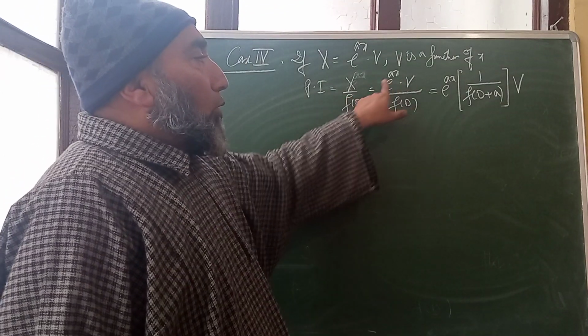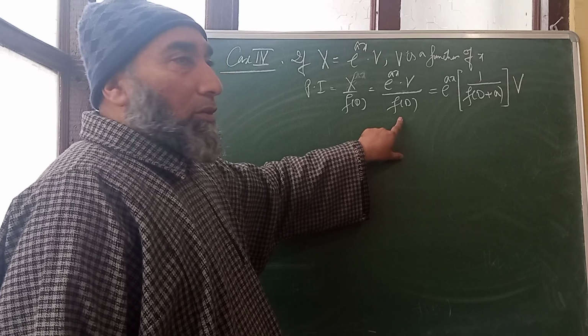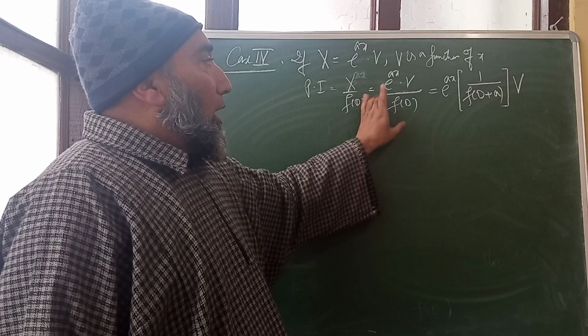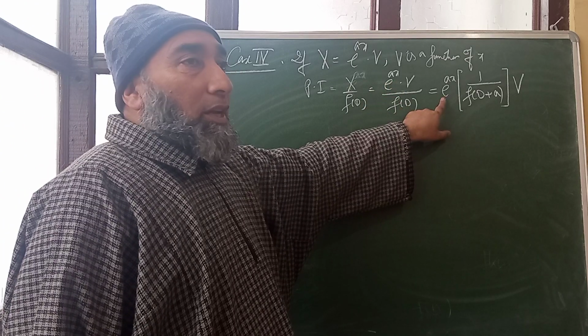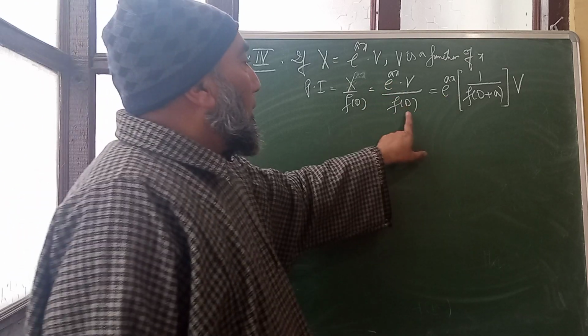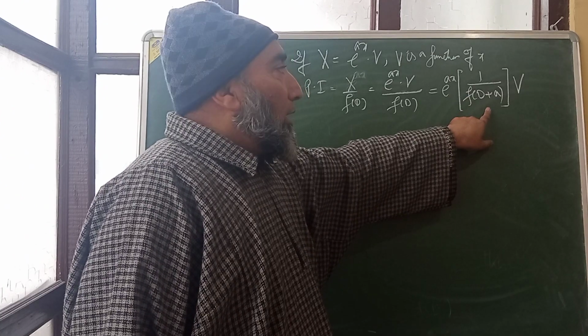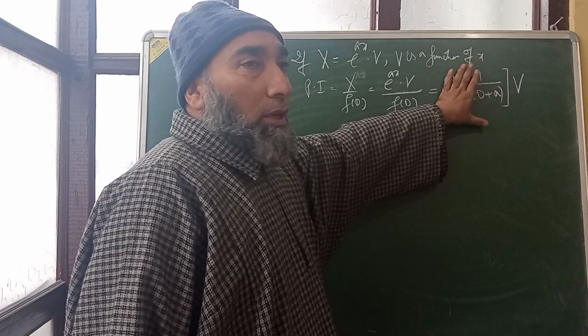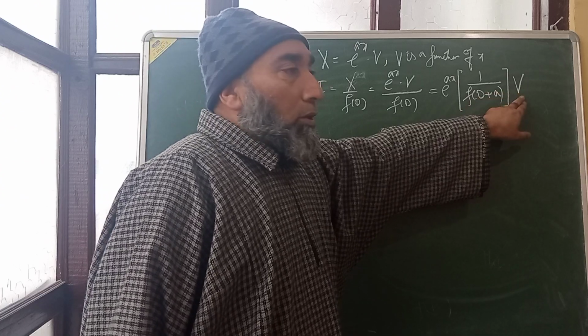You have a product of two functions and you have f(D). You take e to the power ax out, and by taking it out, you replace D by D plus a, and whatever f(D plus a) or 1 over f(D plus a) is, you operate it on the other function.